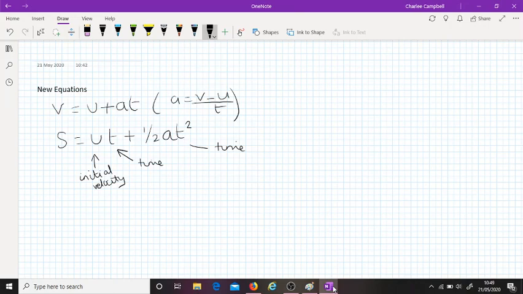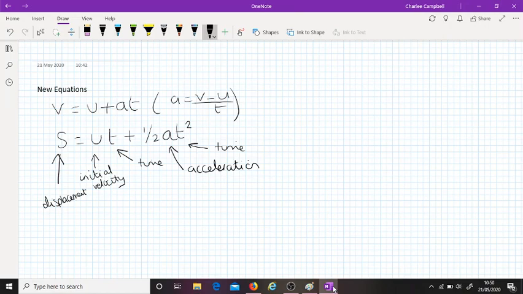These would be the same because you would be using the same time. You'll see that in a minute when we do some example questions. And a is acceleration, and s is displacement.